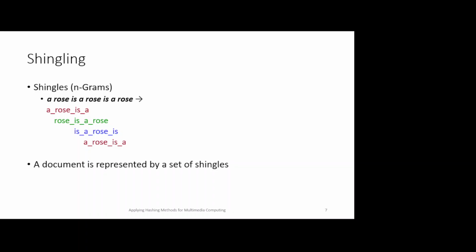The first shingle is a rose is a. Then we move the window forward, so the second shingle is rose is a rose. And the third is is a rose is. This is the way we extract the features from each document.